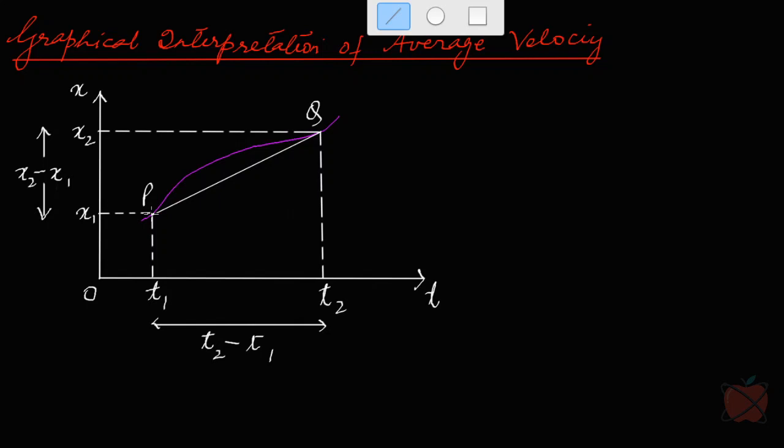Let us complete this diagram by dropping a perpendicular here. Again, this is not the real graph, so I'm putting dotted lines. You can see that this line PQ is making some angle theta with the horizontal. Let's name this point R.